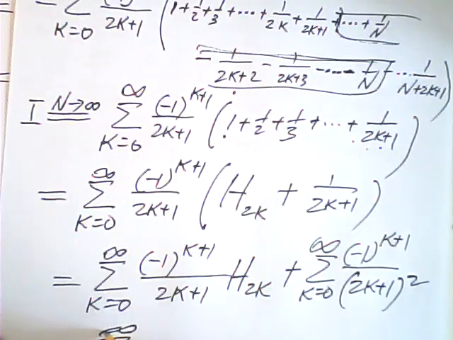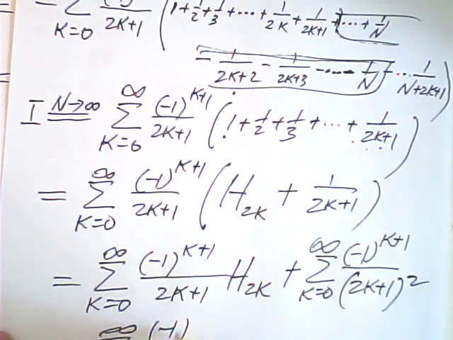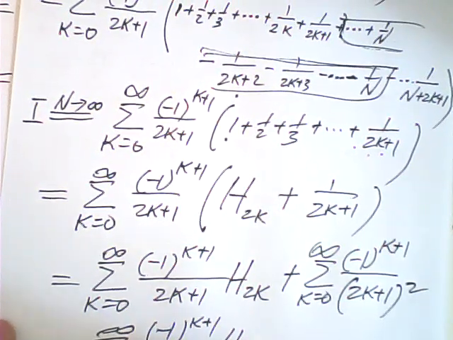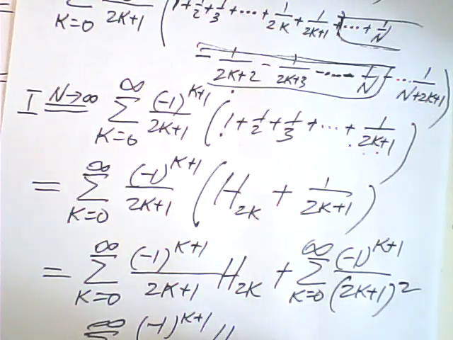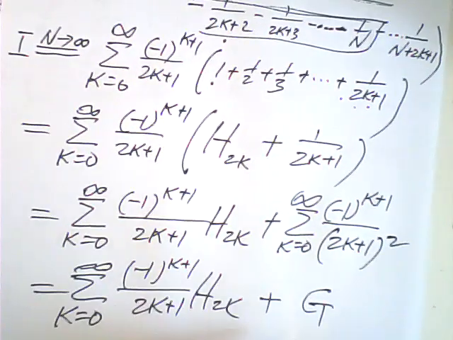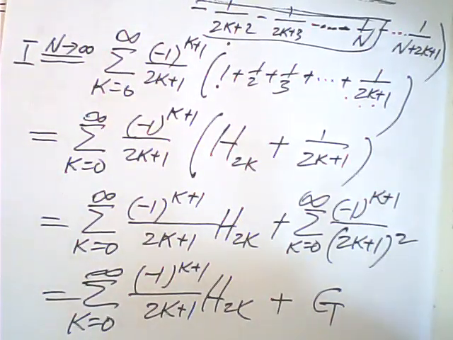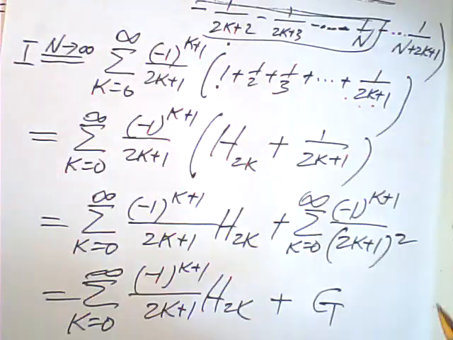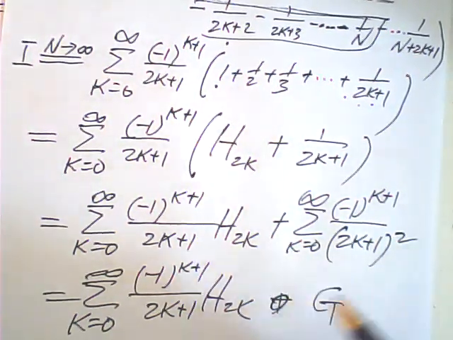This one, the sum of negative 1 to the k plus 1 over 2k plus 1 squared, is the Catalan constant. Negative, right?